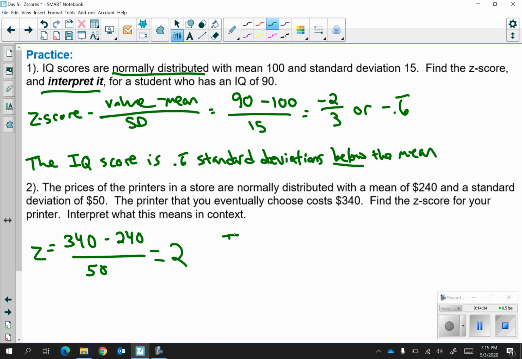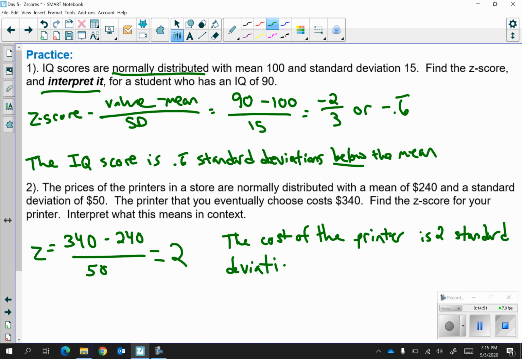So the cost of the printer is 2 standard deviations above the mean.